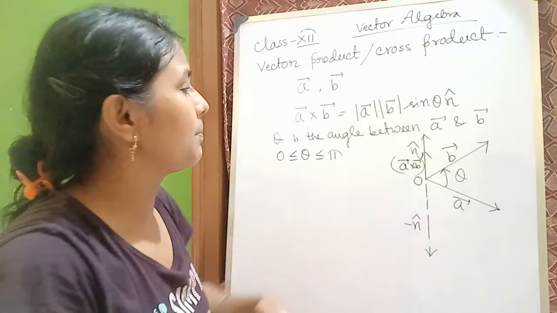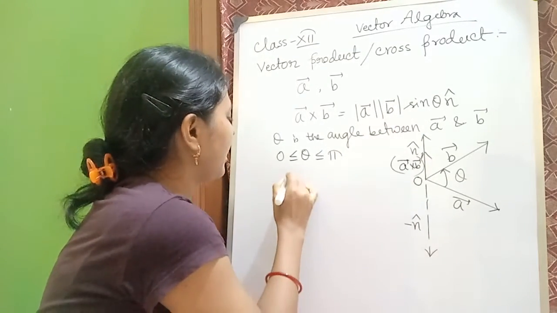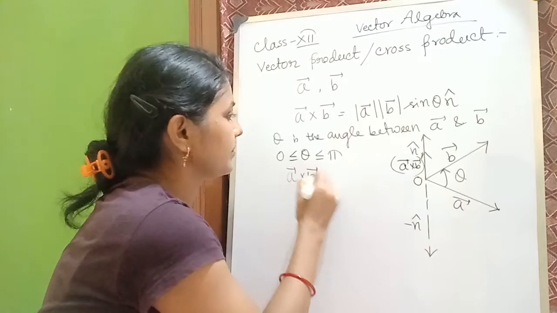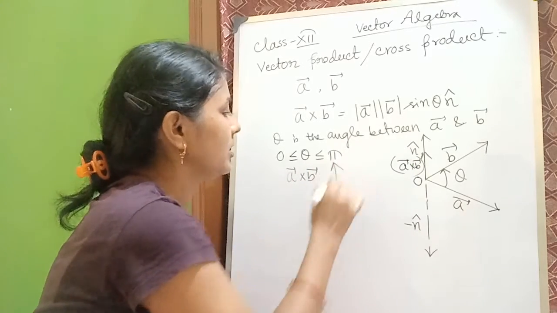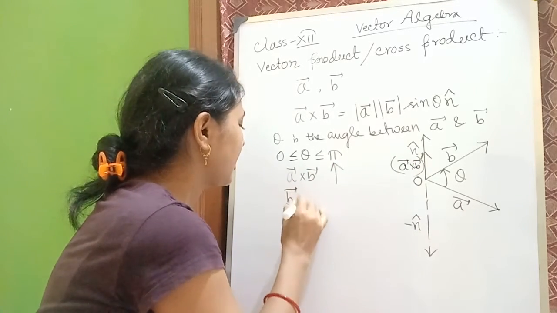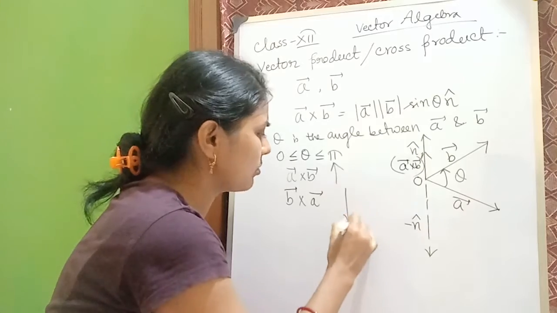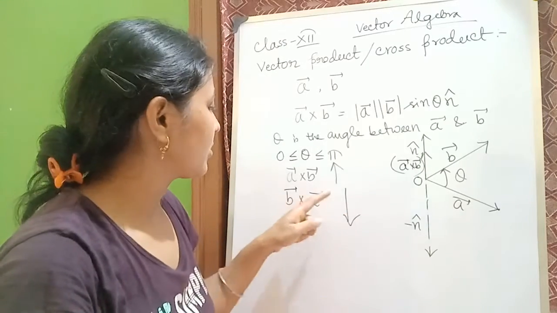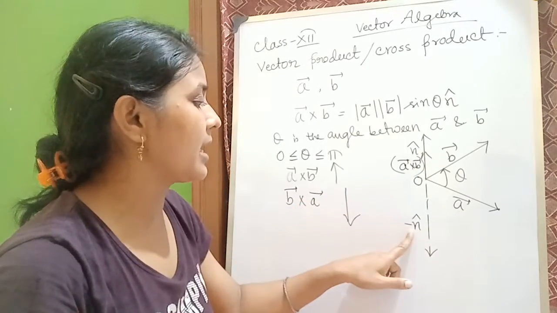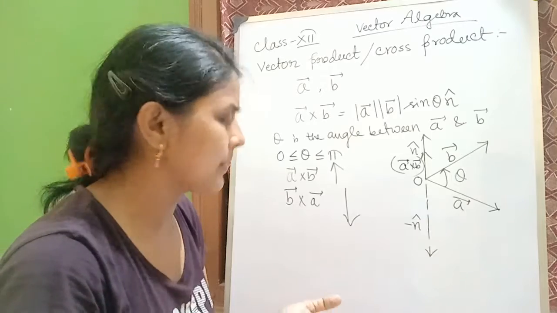So if A cross B is upward, then B cross A will obviously be downward. This will be the direction of B cross A, and its unit vector will be minus n cap. Simple.